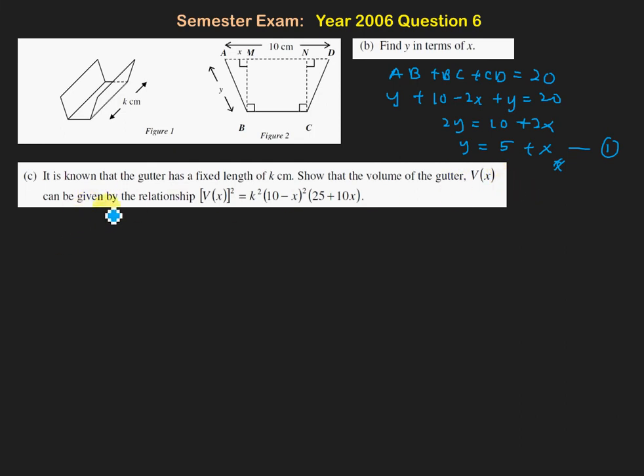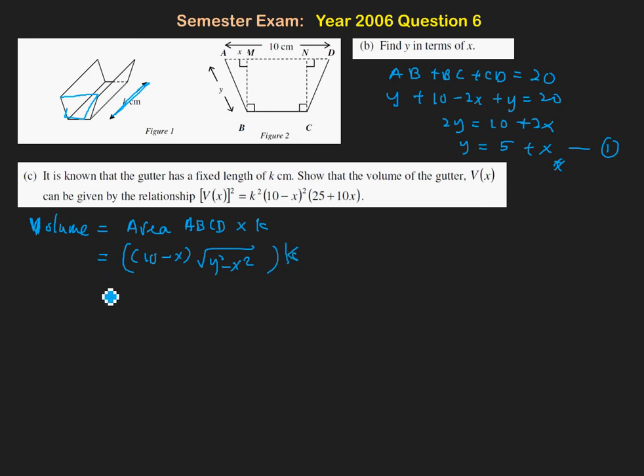Now next, we know that the gutter has a fixed length, as you can see here, k, and so the volume of the gutter is the area of the cross section times the length. So the volume is equivalent to the area of ABCD times the length k. The area of ABCD we have shown earlier in part A is actually (10 minus x) times the square root of y squared minus x squared, the whole thing times k.